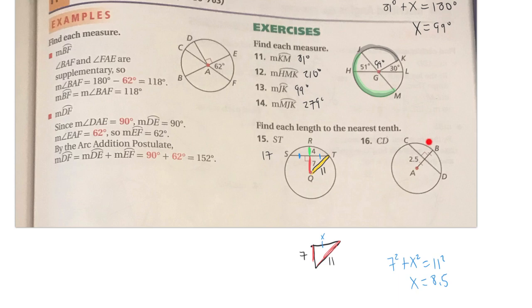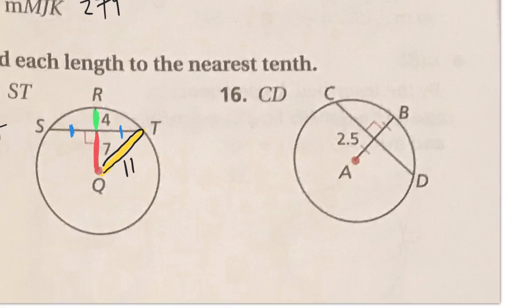Looking at problem number 16, we want CD this time. It's kind of a weird situation where this red part is 2.5, but that means that this is 2.5 because we see these tick marks here. So that's not always going to be the case that these are equal to each other.